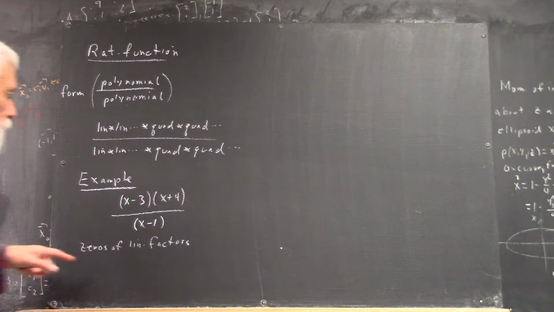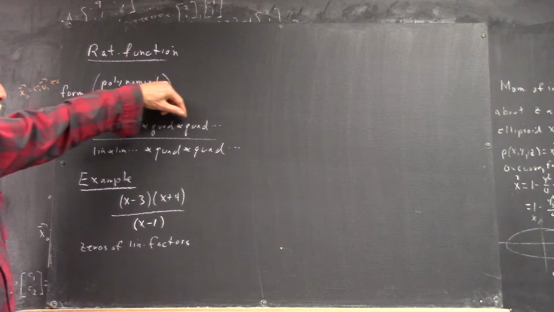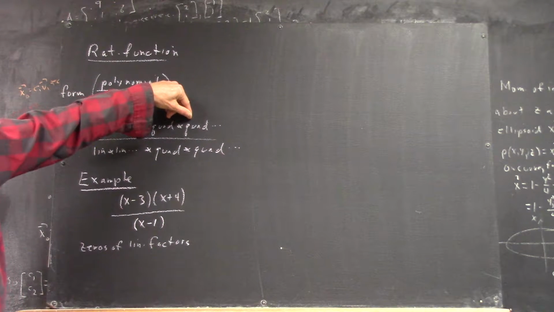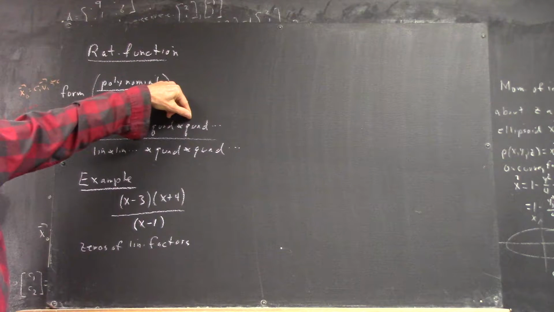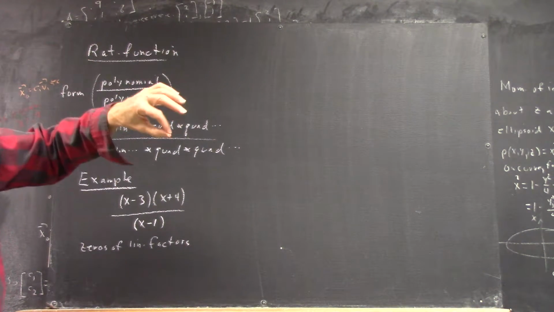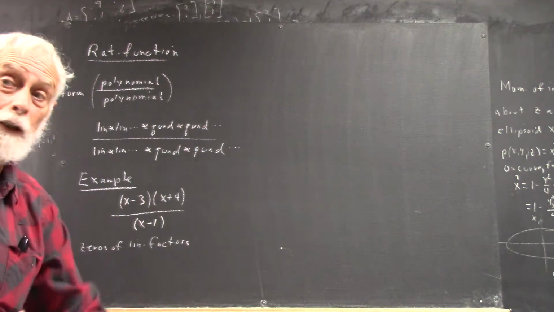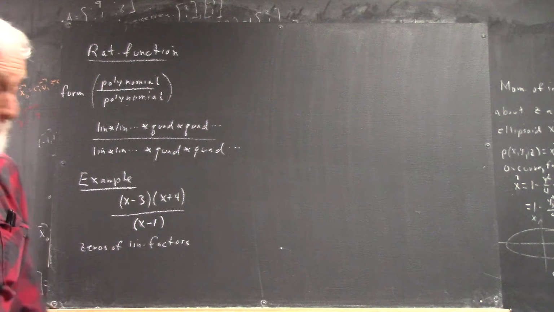And we only have to look at the zeros of the linear factors as long as we're sure all the quadratics that can be reduced have been reduced to linears, okay? Now the only quadratics we have left are ones that are either vertex above the axis opening upward or vertex below the axis opening downward, okay?